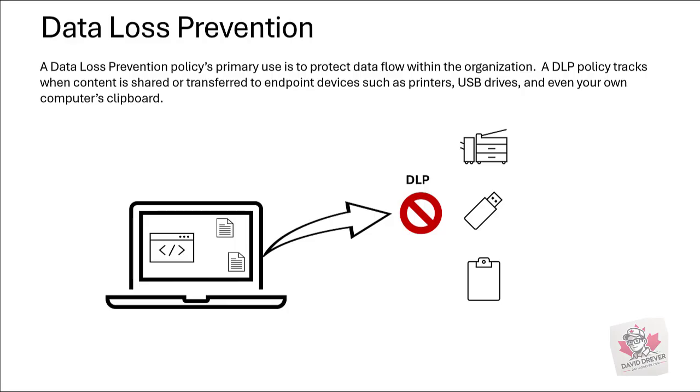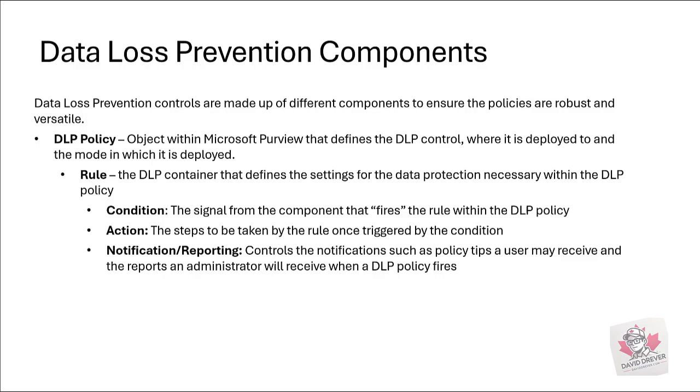And one last thing before moving on to the policy, let's first talk high level about the components of a DLP policy. I did cover this in my previous video, but just in case you missed it, I'll cover it here again. And feel free to skip this part if you've seen this already. A policy itself is a container for the controls you wish to enact.